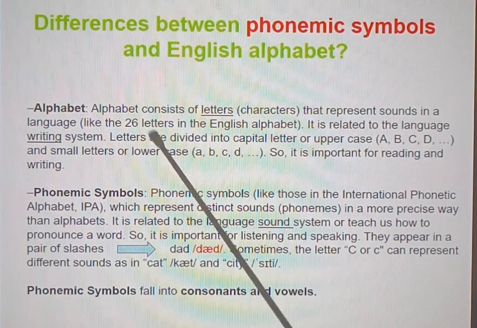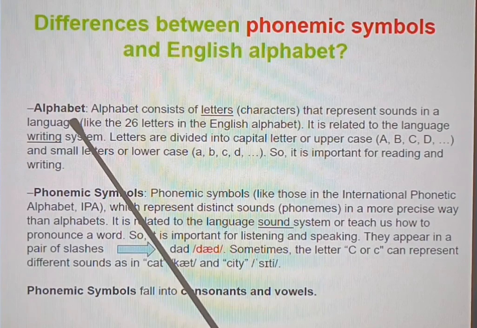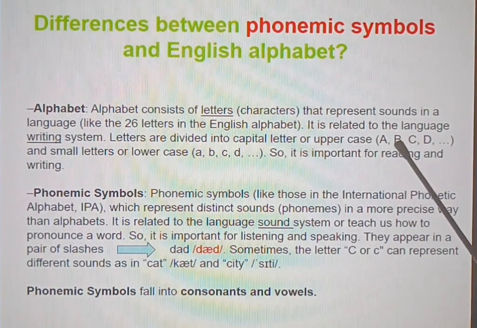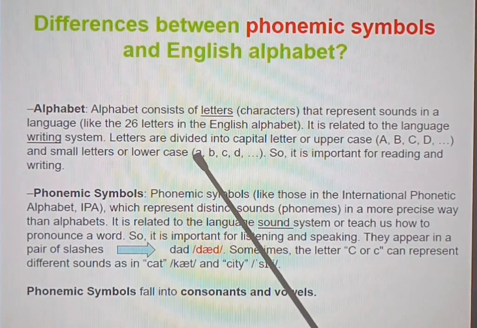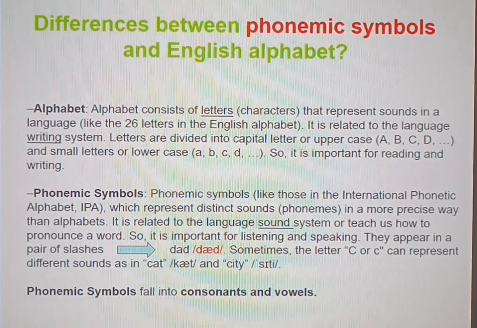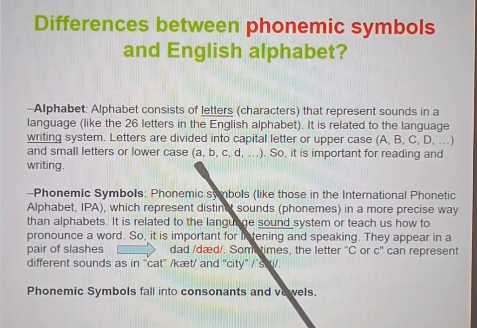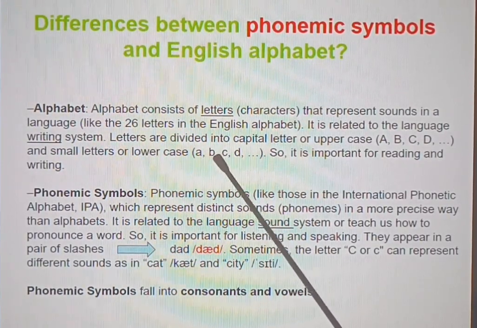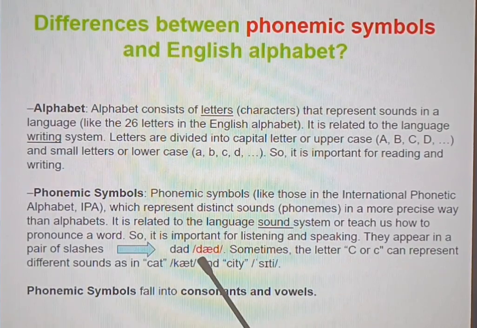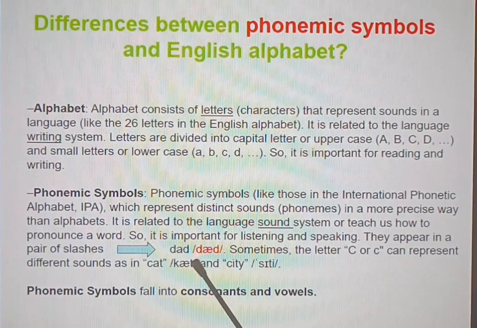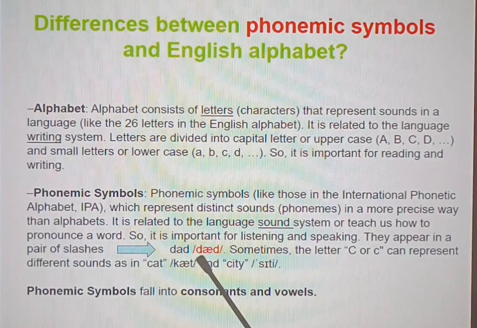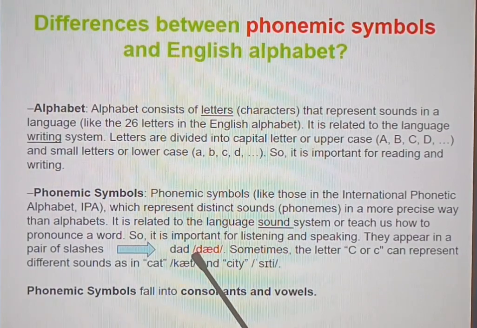As in the above example, as far as alphabets are concerned, I told you about the capital letters and small letters like A, capital A, capital B, capital C, on to Z. But here in the phonemic symbols, we are not concerned with letters. So we can't pronounce them as D or A or B, right? We pronounce them as sounds, like the D sound.